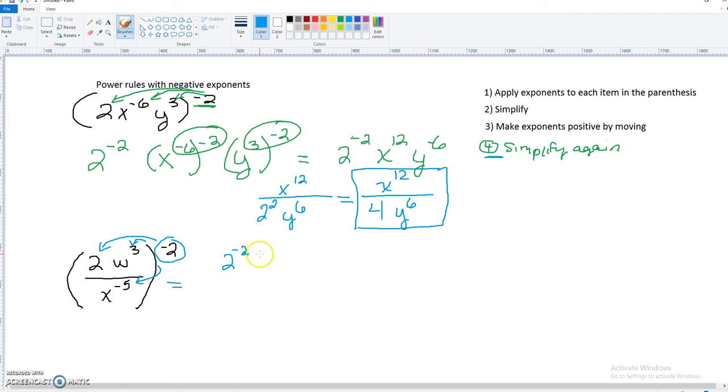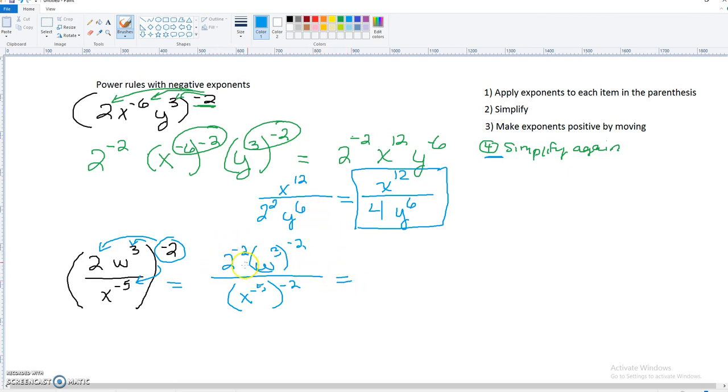We should probably make that more like a 2. And then w cubed to the negative 2. And then x to the negative 5th, negative cubed, or squared. I kept saying cubed, didn't I?